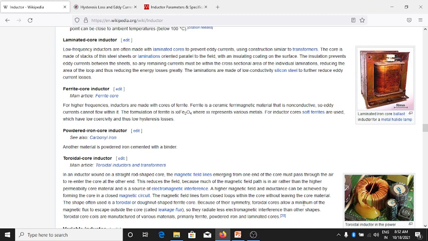The construction is similar to a transformer. The core is made up of a stack of thin steel sheets or laminations oriented parallel to the field with an insulating coating on the surface.